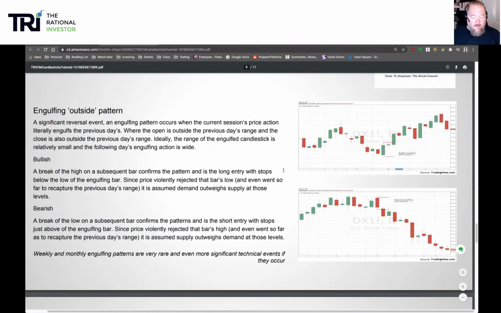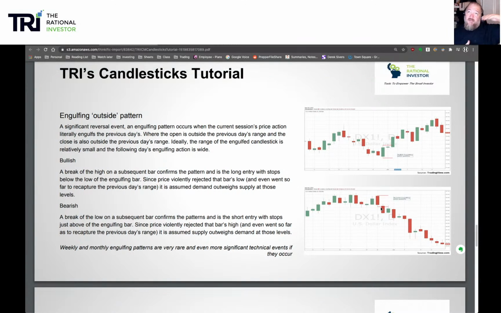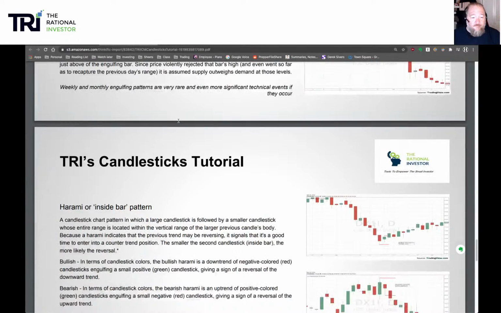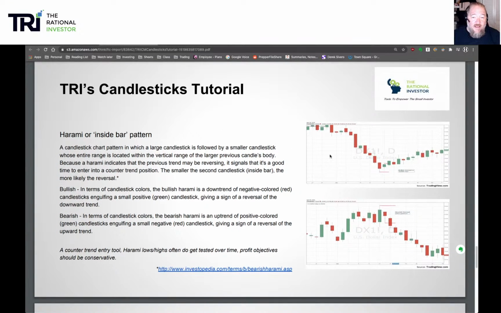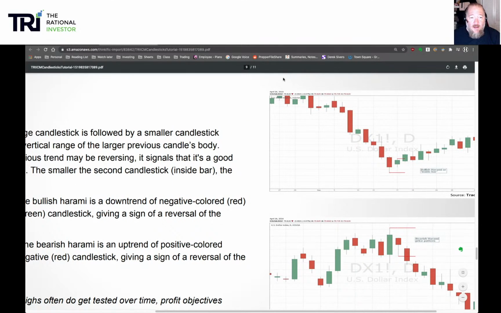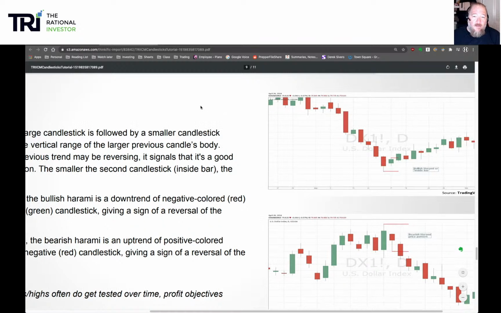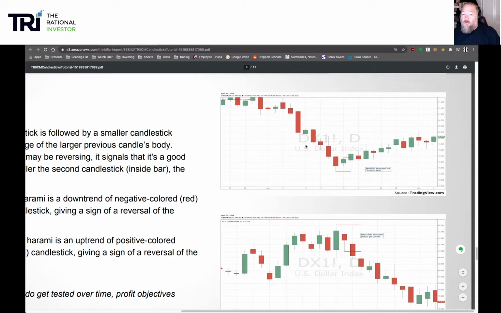All right. So engulfing pattern, where we have a candle, then we have a larger candle whose body encompasses the entire range of the previous candle. Then we have inside bar reversals, and that's where we have a candle that was relatively large, and then we have a new candlestick, and here's where we get into harami versus bull rami.